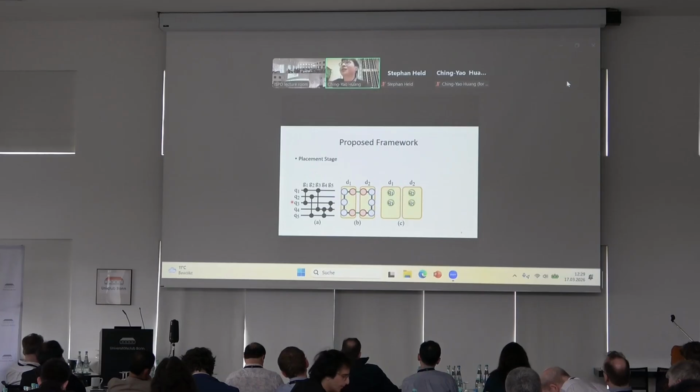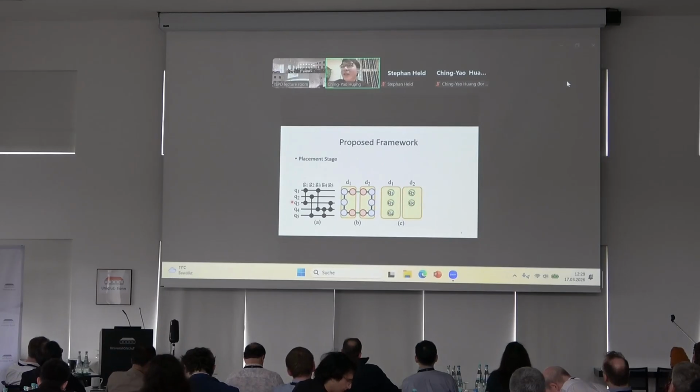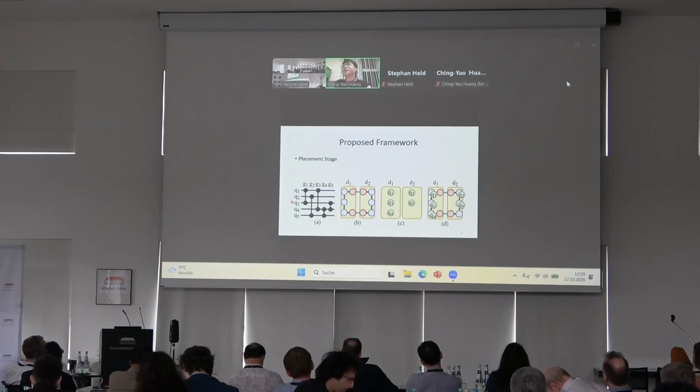In the third iteration, the unassigned operand qubit of G3, which is Q4, is assigned to D1 based on its interactions with previously assigned qubits. Finally, the complete placement result after mapping each logical qubit to a physical qubit is obtained, as shown in figure D.